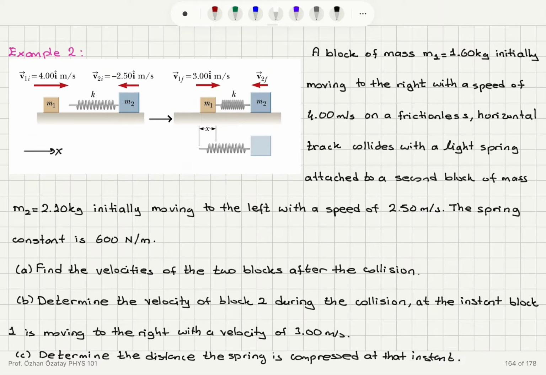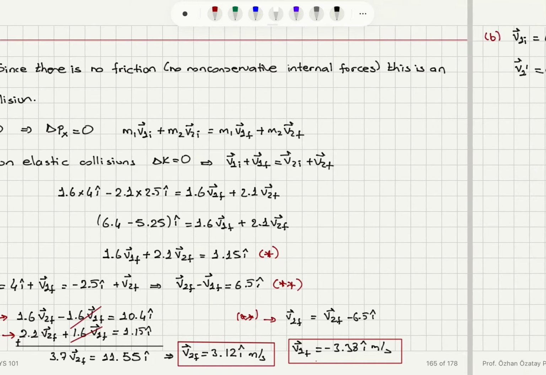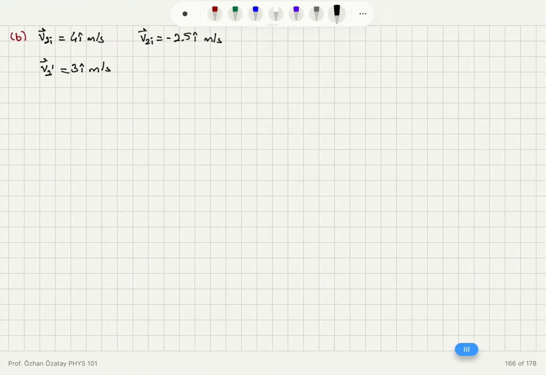You can visualize here the spring will be compressed a little bit. So part of this initial kinetic energy will be stored as potential energy inside the spring, so I have to take that into account. So let me write that at the instant we have the prime velocity V1 prime 3 i hat meters per second.